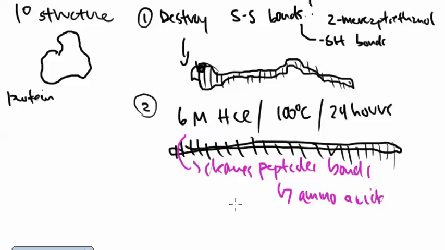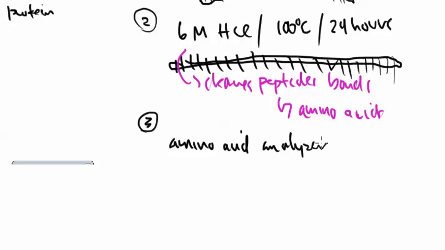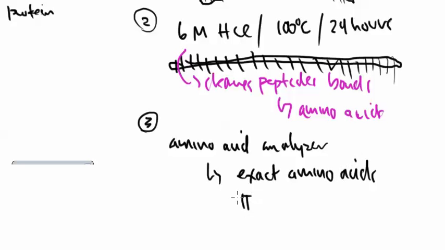The next part of this whole system, number 3, is that I then would probably send it through an amino acid analyzer. We've talked about the amino acid analyzer already in a previous video, and this will tell me the exact amino acids that make the protein up, and it will also give me the number of each.